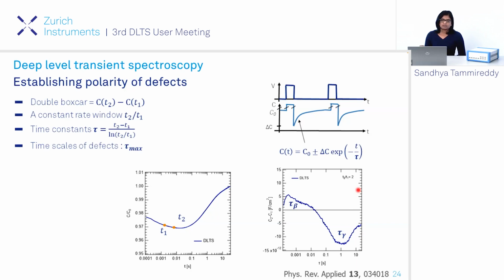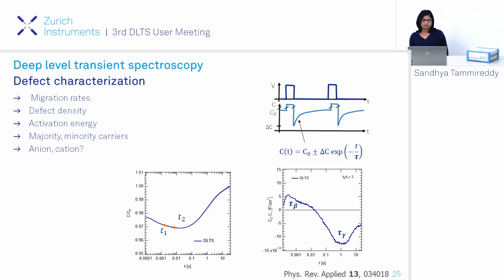And these maximum points, you collect them as a function of temperature, and when you plot them in an Arrhenius plot, where you have these rates as a function of 1 over T, or 1000 over T, you would be able to characterize the activation energy, the diffusion coefficient, and based on the capacitance step height, you would be able to characterize the defect density as well.